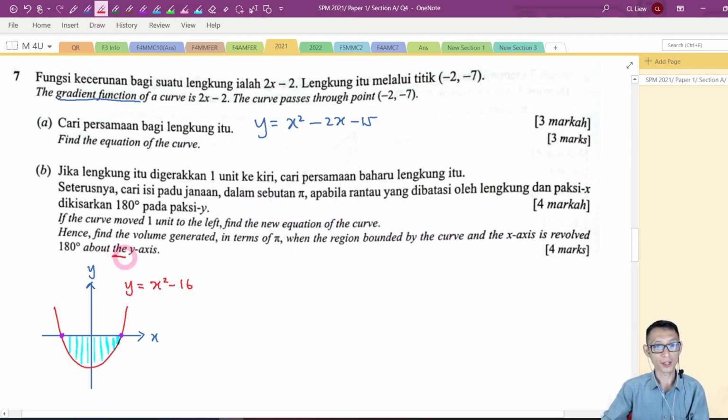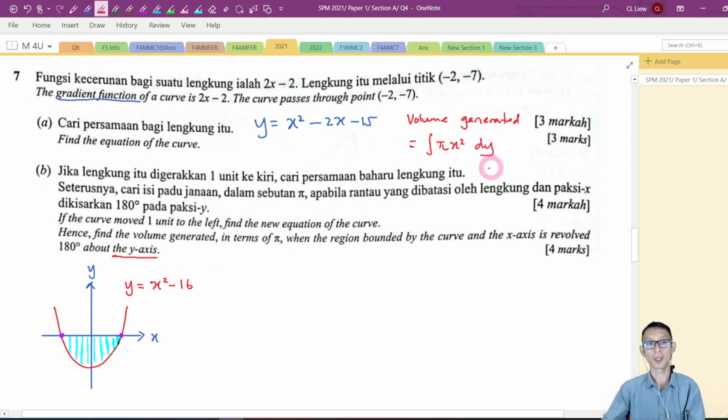So about the y-axis, we know the formula that we need to use is volume generated. Since it is about the y-axis, we'll be using pi x squared dy. But here you need to be more careful. Some students see this 180 degrees and will multiply this by 1/2.